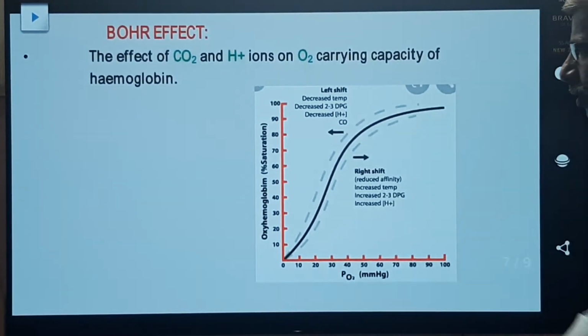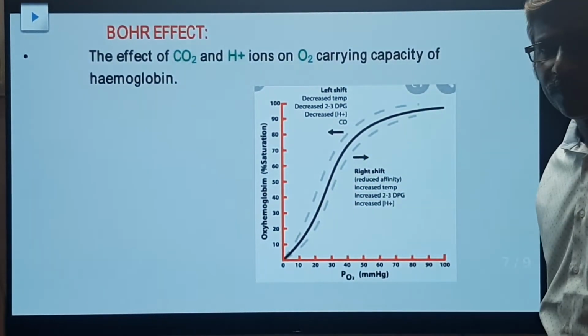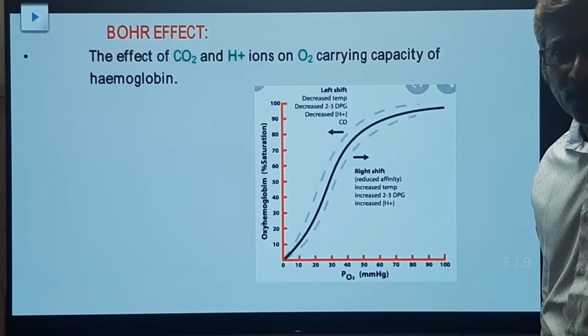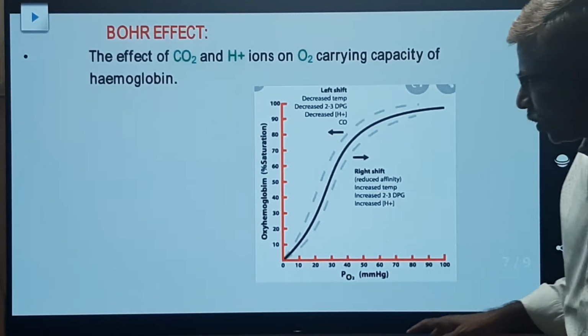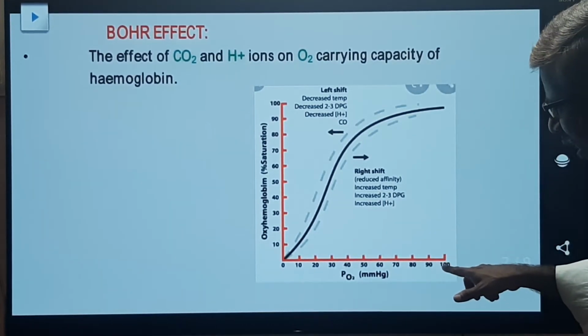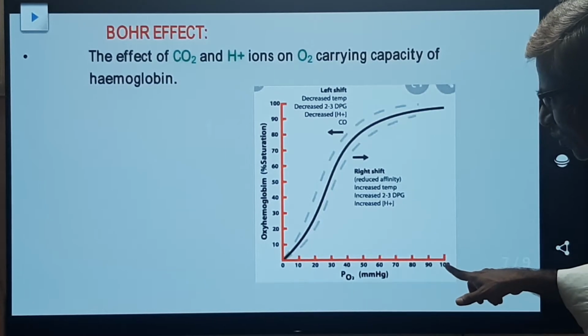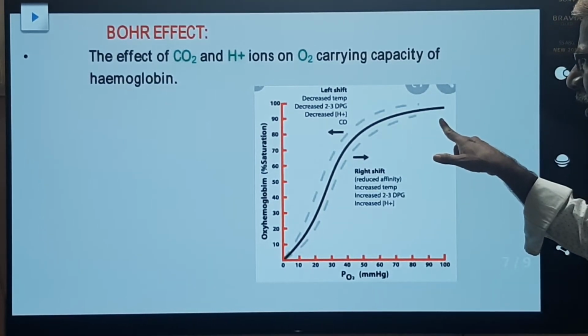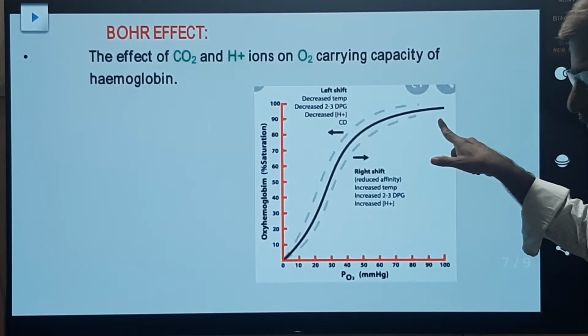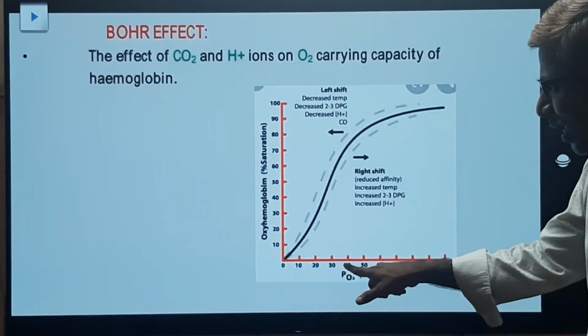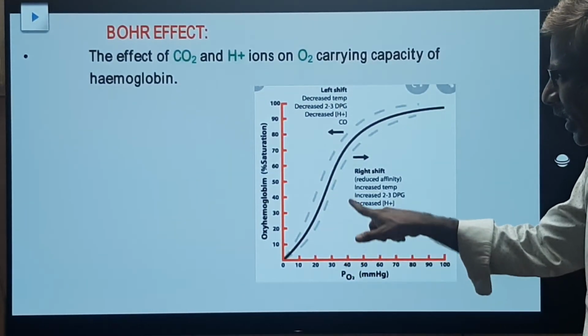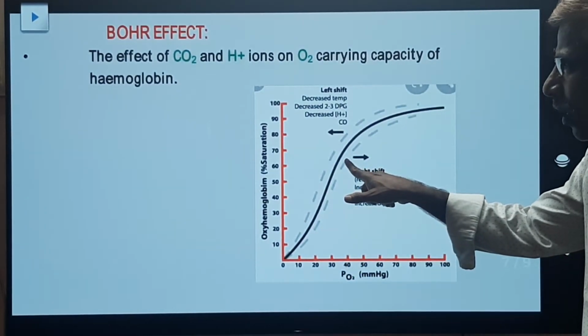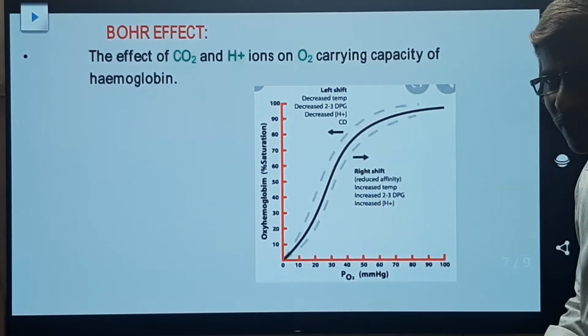Now though you have 100 mmHg partial pressure of oxygen, the saturation may be around 80 to 90 only, not 97%. And at 40 mmHg it is around 60 only, not 75% saturation.